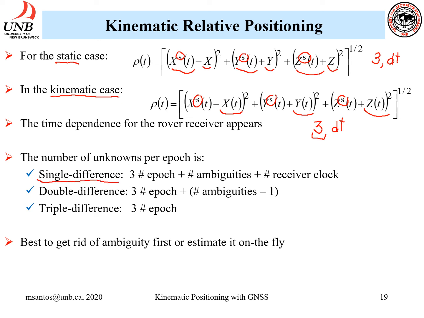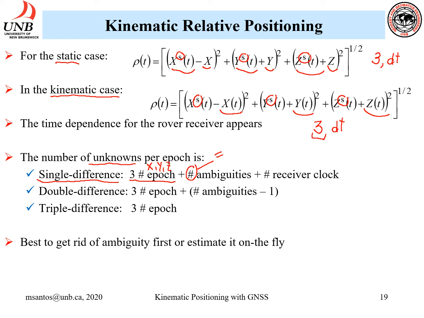We have how many unknowns? 3 per epoch. These are the x, y, z coordinates of the components of the coordinate of the receiver. Then we have the ambiguities, number of ambiguities. We have 1 per satellite.